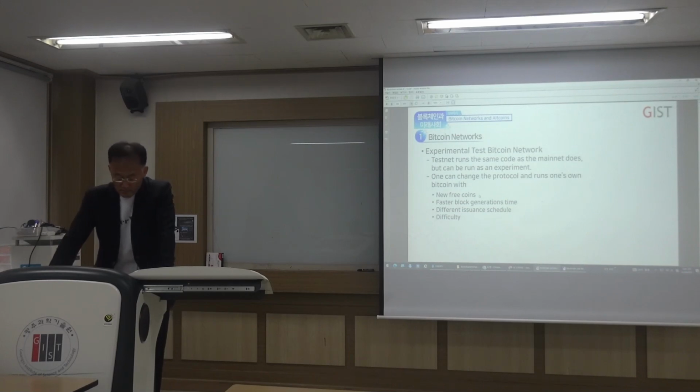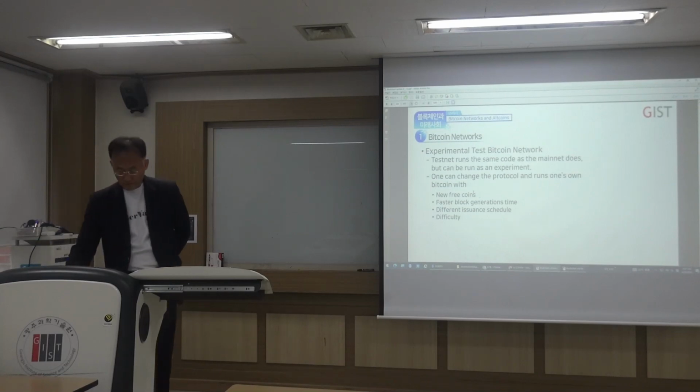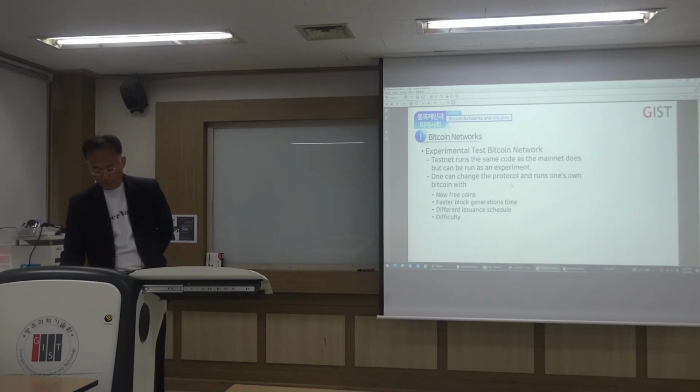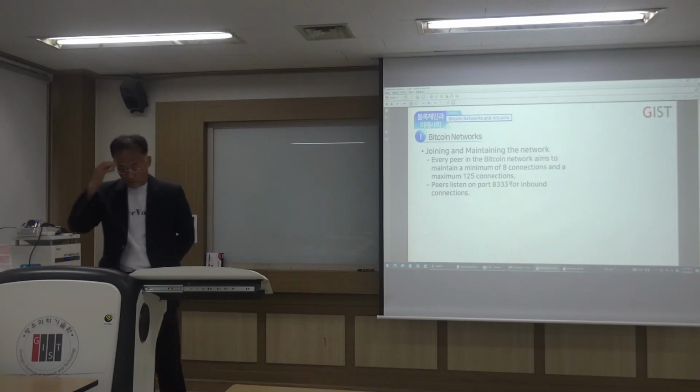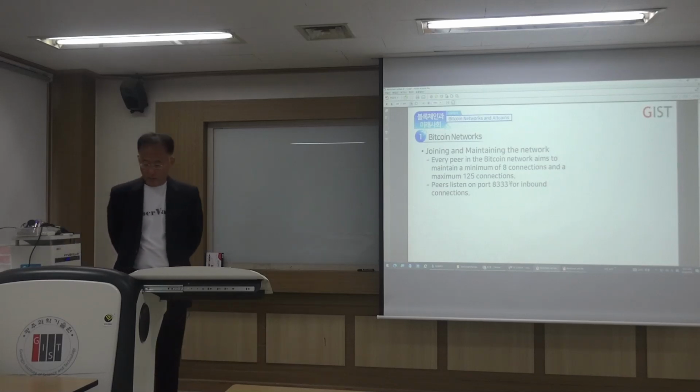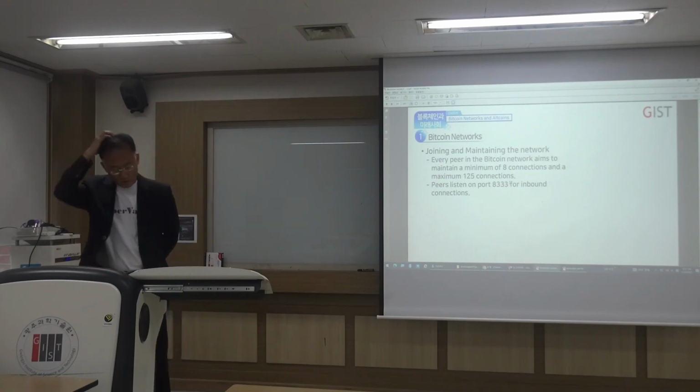You can have a different currency issuance schedule, and then you can set up different difficulty rules and so on. And there is a video for this lecture, so if you want to see more explanation, you can take a look at it.